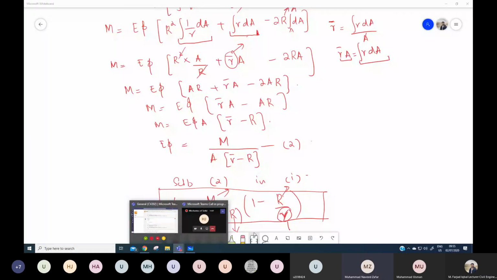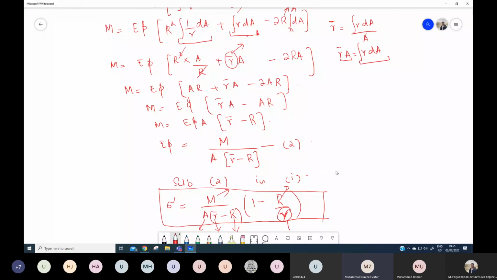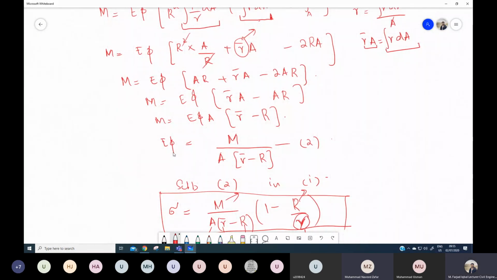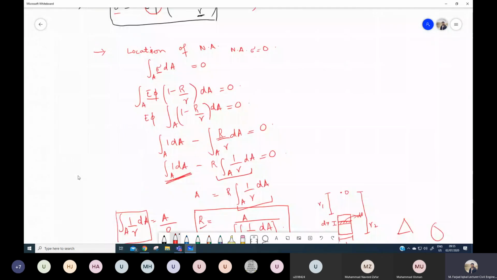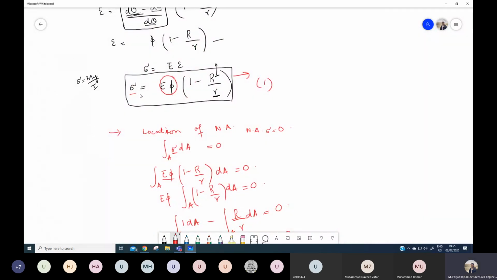Could you please explain once more the substitution of E phi that you did at the end? We have this relationship for E phi, right? This one. And initially we derived one equation for stress, that was this equation over here. So I have substituted that E phi factor into this equation.